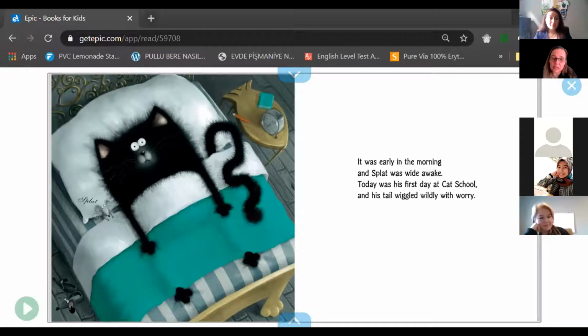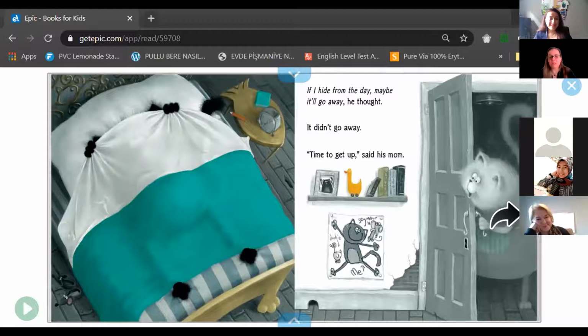See, he's wearing cat slippers, and he's got a fish-shaped coffee table, and his feet are out of his bed. If I hide from the day, maybe it'll go away, he thought. It didn't go away. Time to get up, said his mum.